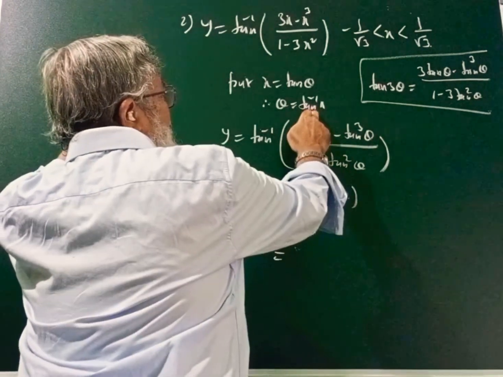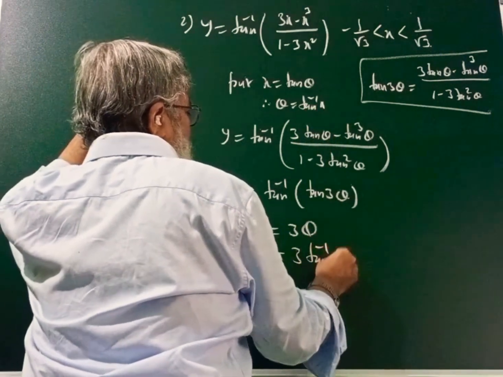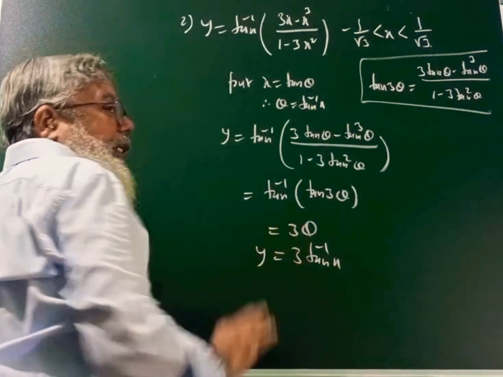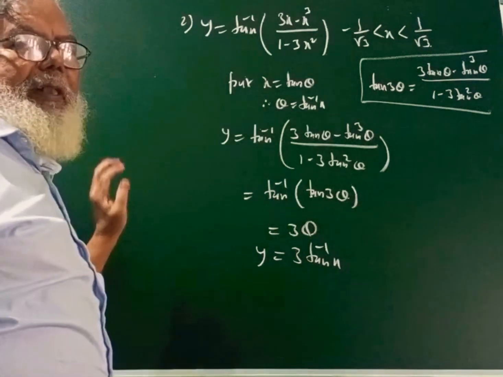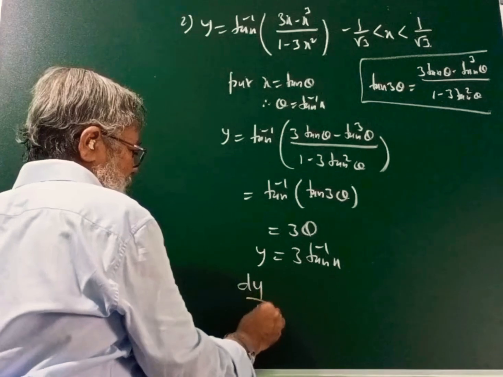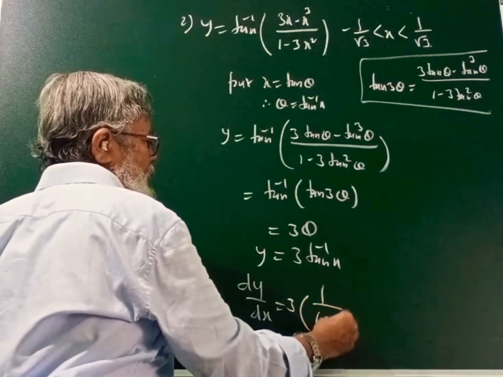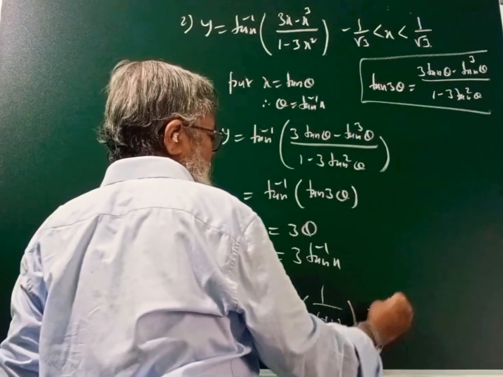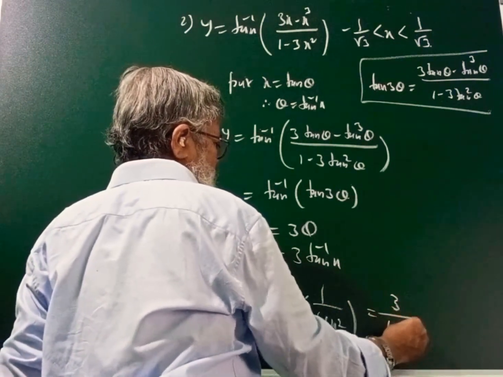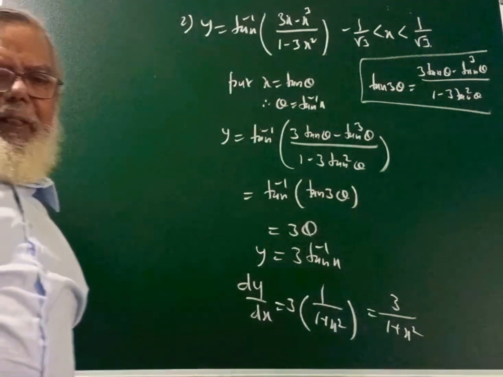The value of theta is tan inverse x, so y is 3 tan inverse x. Actually this is the simplified form of the given function, and it is easy to differentiate. dy by dx is equal to 3 into the differentiation of tan inverse, which is 1 by 1 plus x square, that is 3 by 1 plus x square, which is the value of dy by dx.